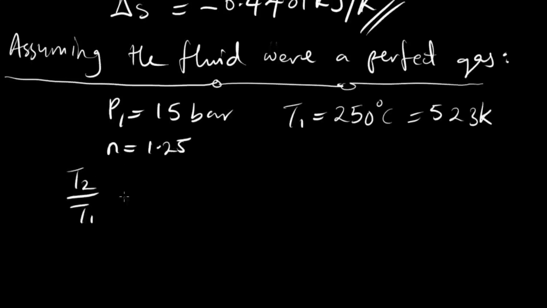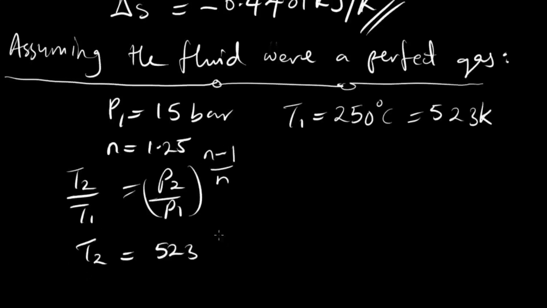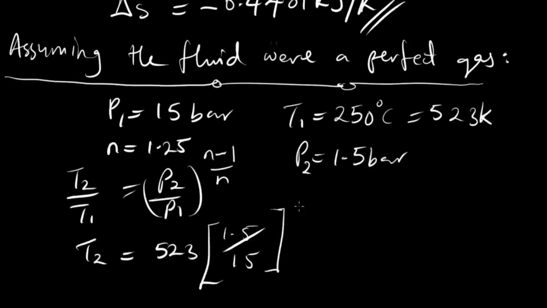So T2 over T1 is equal to P2 over P1 raised to the power n minus 1 over n. So we have the value of T1, that is 523, and P2 was 1.5 bar, so P2 over P1 is 1.5 bar over 15, to the power 0.25 over 1.25.